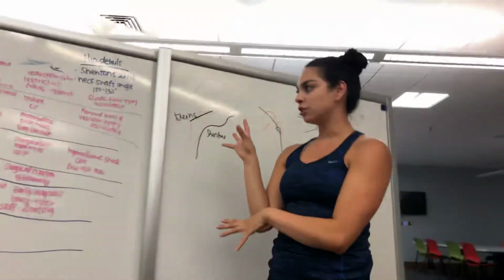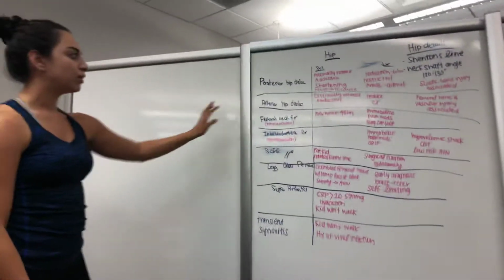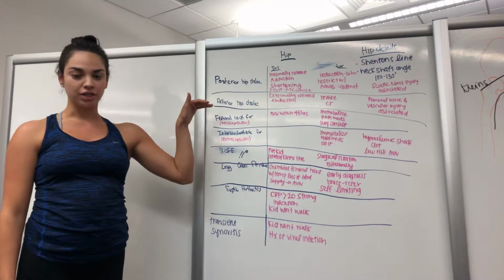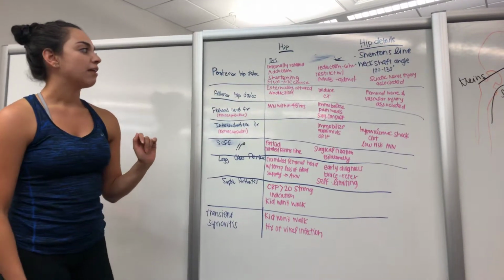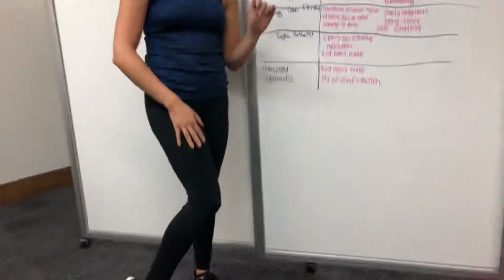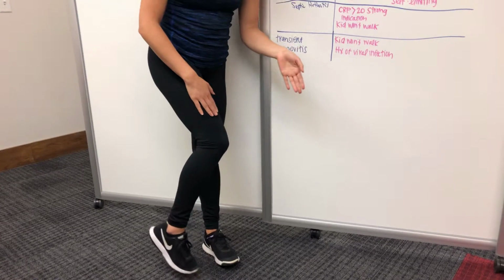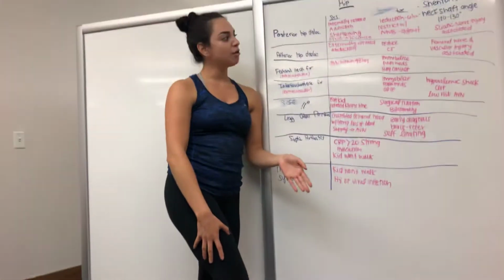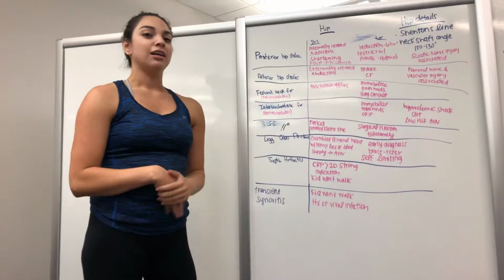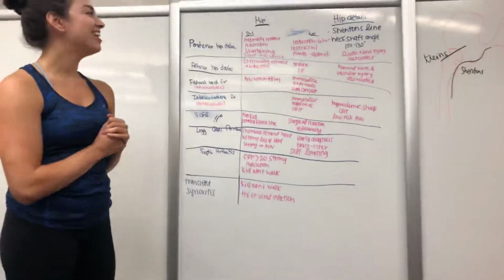Now we're going to jump into all of our diagnoses. To begin with, we have the posterior hip dislocation. With this, the patient has an internally rotated hip. It's going to be adducted, and there's going to be shortening. The most common cause, from a PA perspective, is a motor vehicle accident.